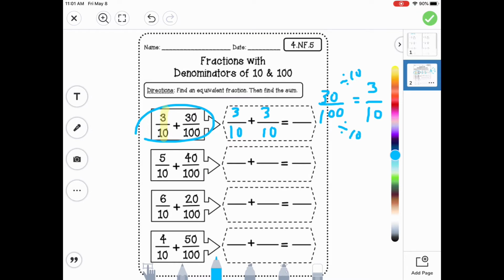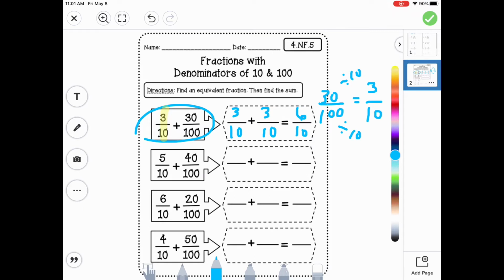When I add those two fractions together, 3/10 plus 3/10, I would get the answer of 6/10. But I can't add them until they have the same denominator. So this is one strategy you could have used to solve this problem.